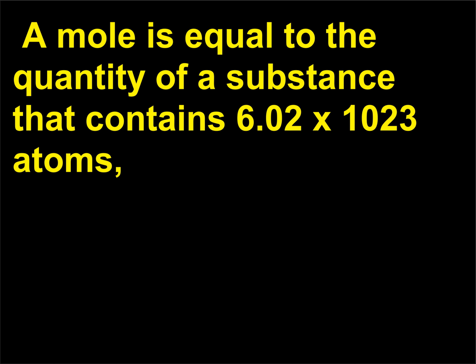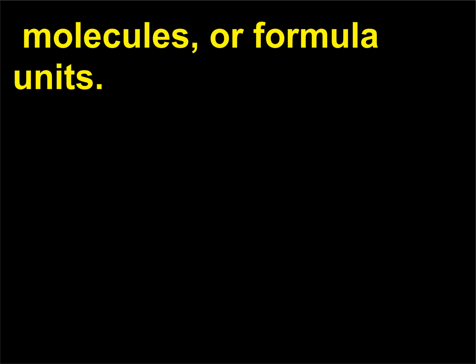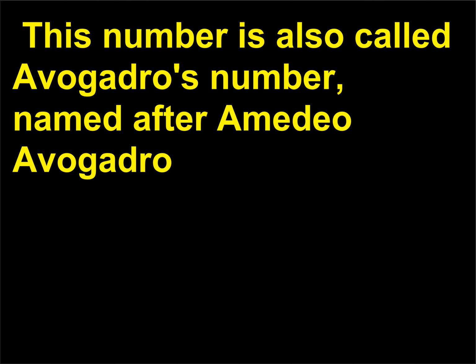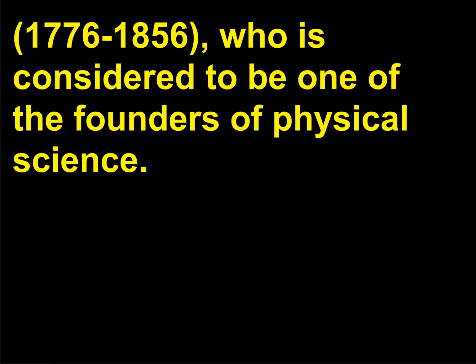A mole is equal to the quantity of a substance that contains 6.02 x 10^23 atoms, molecules, or formula units. This number is also called Avogadro's number, named after Amadeo Avogadro, 1776 to 1856, who is considered to be one of the founders of physical science.